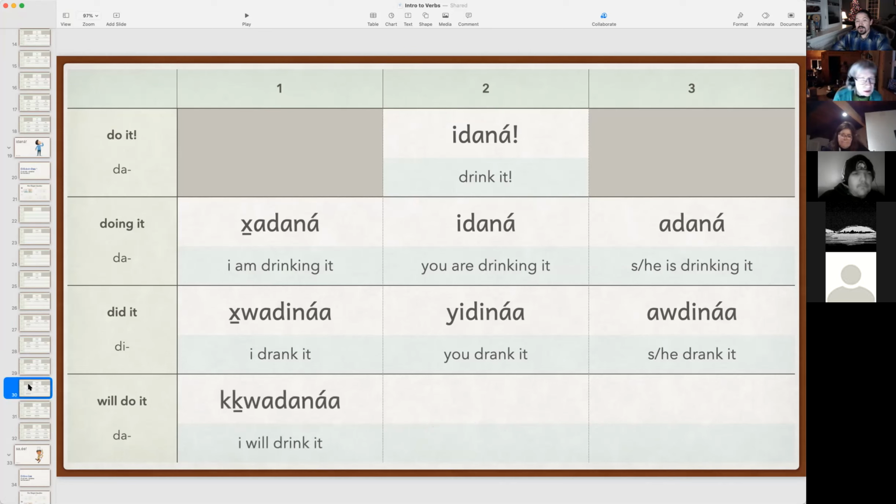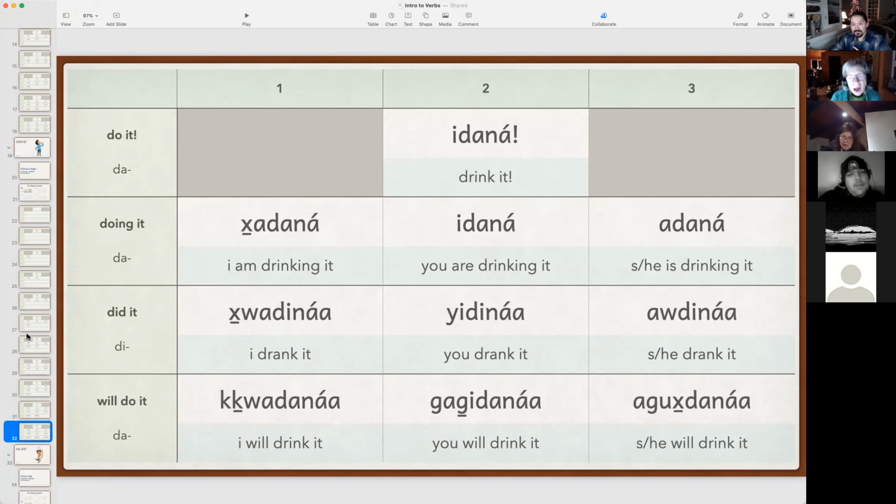But let's take a look at them. Kwadana. Gagidana. Aguchtana.